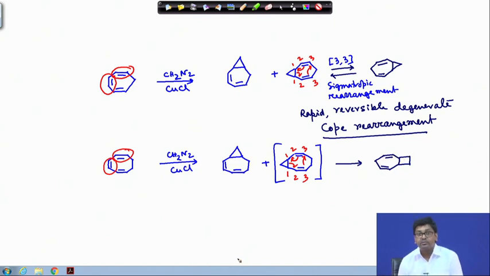So, the overall number of carbons is the same, but here the ring has been converted from a 3-membered cyclopropane ring to a 4-membered ring, and this is another 3,3 sigmatropic rearrangement, or you can call it Cope rearrangement.